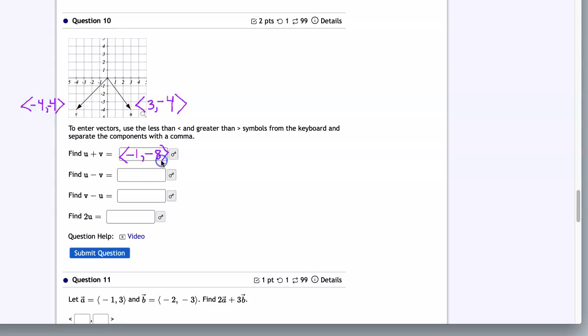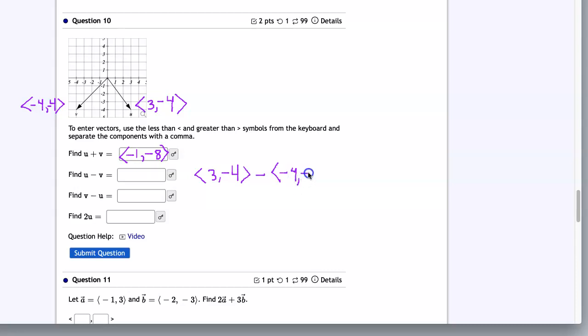Then u minus v. This is actually easy. You take u and you subtract v. So the way that we would write it out is 3, negative 4 minus negative 4, negative 4.